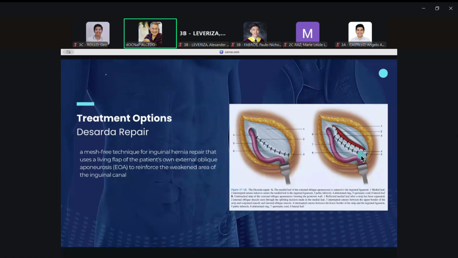Because as you see, one of the most common causes of failure of repair is the presence of tension in the repair. That's why the use of a mesh became very popular because it's tension-free.